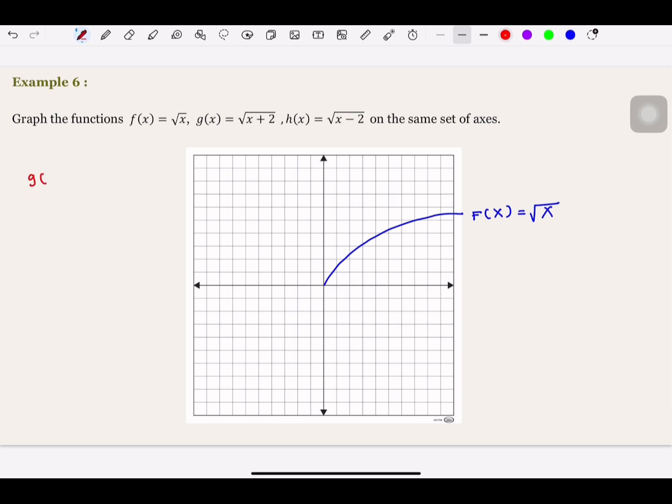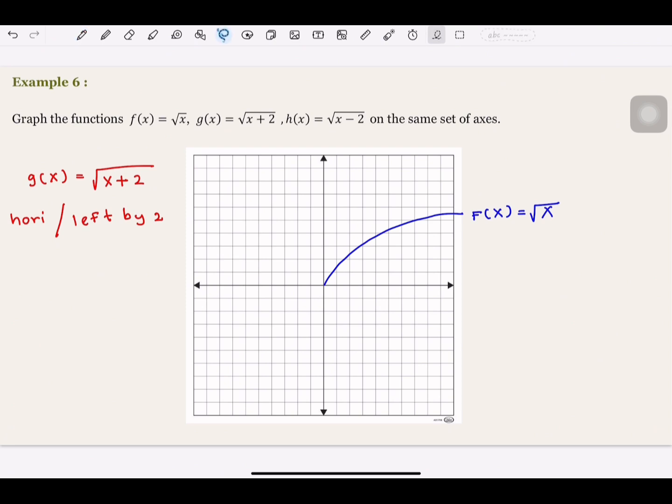So g of x is square root of (x plus 2). So this is again a horizontal shift, because this plus 2 is being added to x. So this is horizontal and this is going to be a left shift by 2 units.